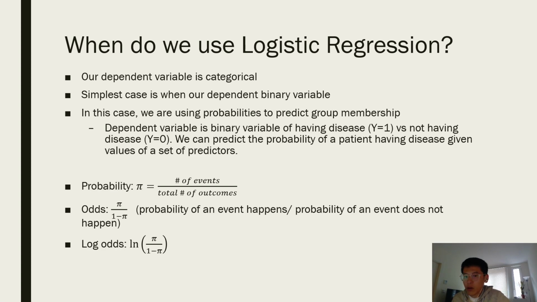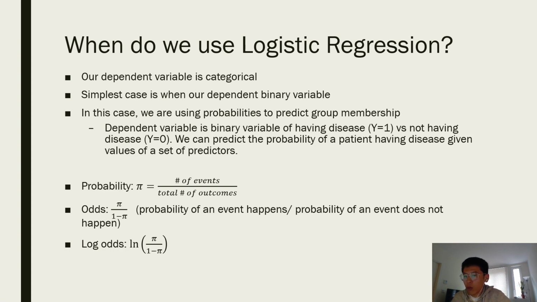The dependent variable is a binary variable of having disease. For example, the dependent variable is binary: having disease, which is 1, or not having disease, which is 0. We can predict the probability of a patient having disease given values of a set of predictors.